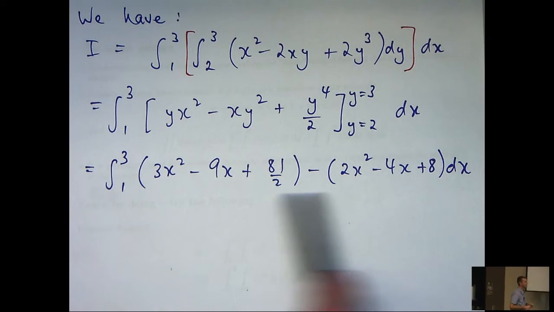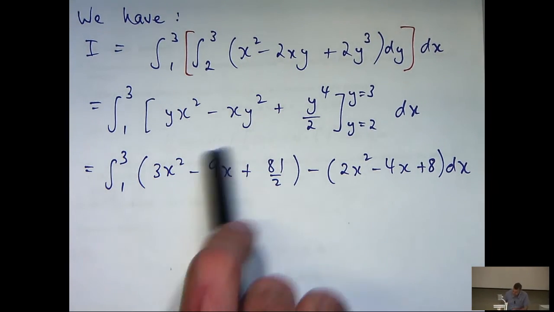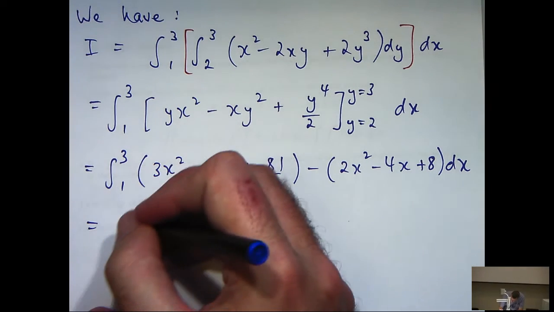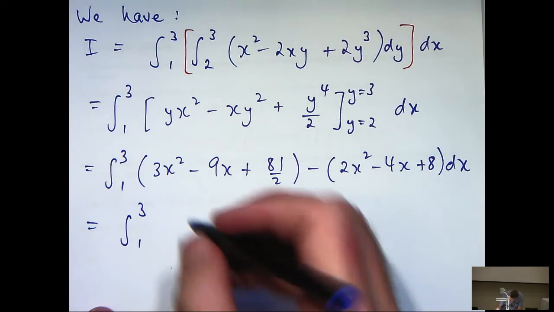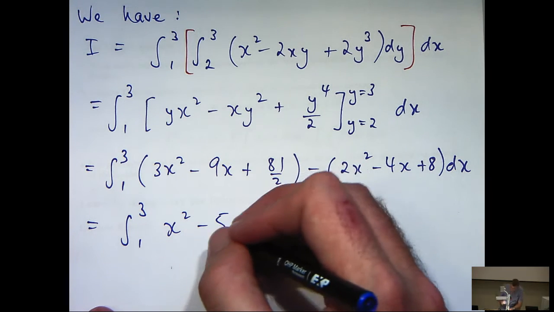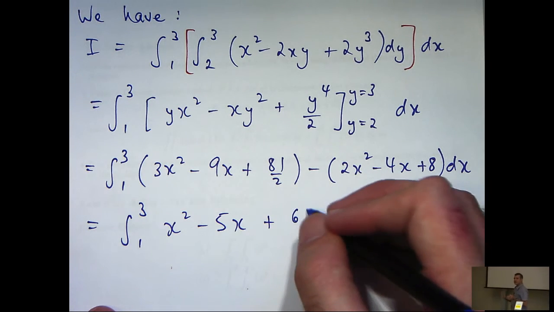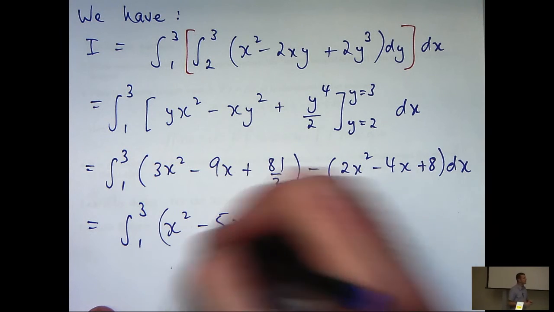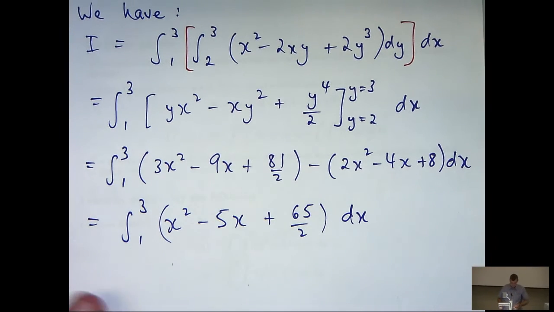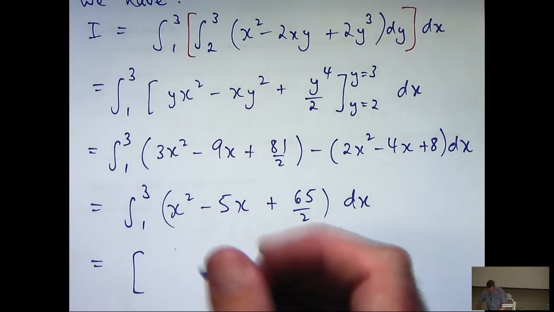So now I've reduced the calculations to a single integral, and all I need to do is clean up this integrand. So let's do that. So now it's just a single integral that we recognise. So let's integrate this and then we'll be finished.